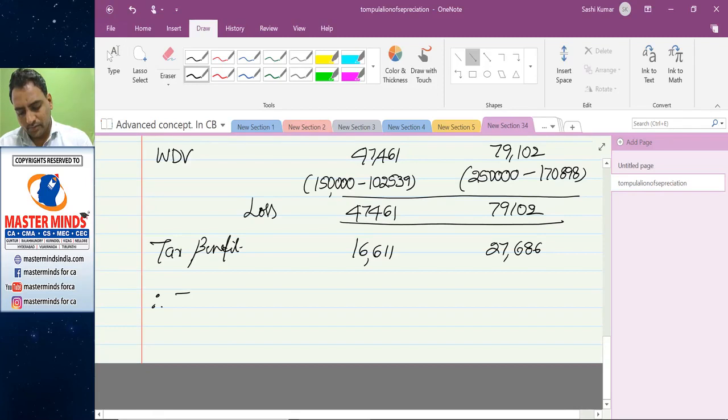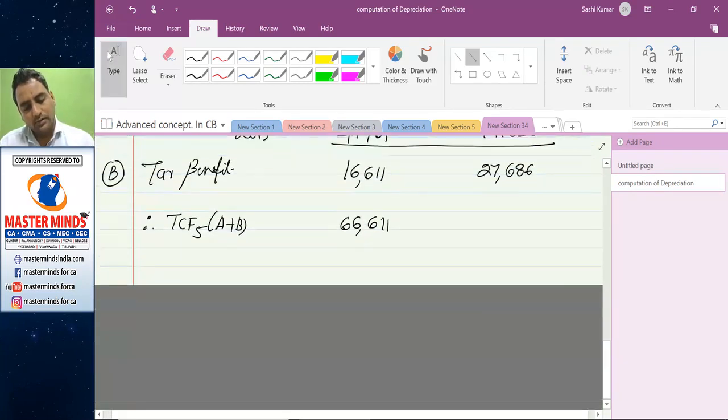Therefore, terminal cash flow at the end of the fifth year is 50,000 plus 16,611, that is 66,611.